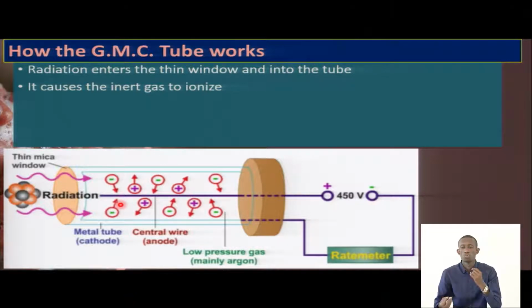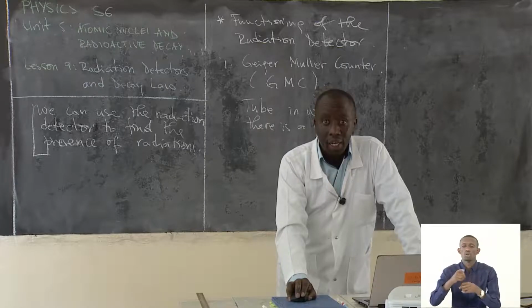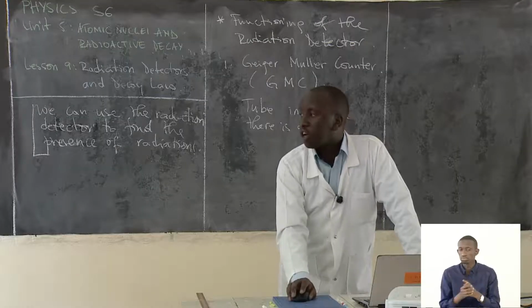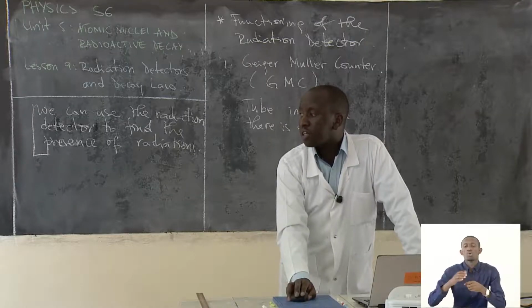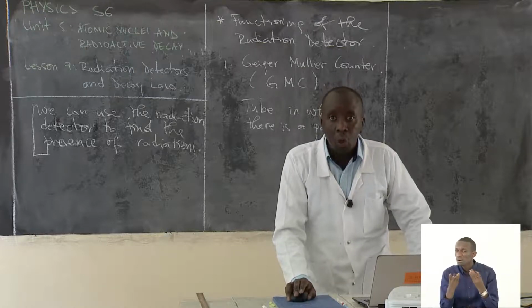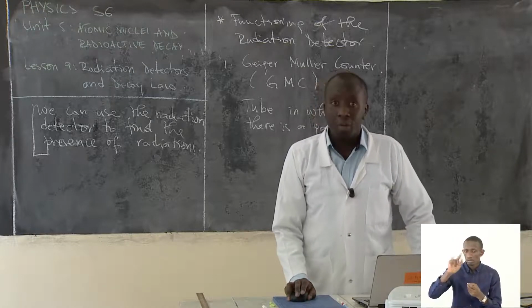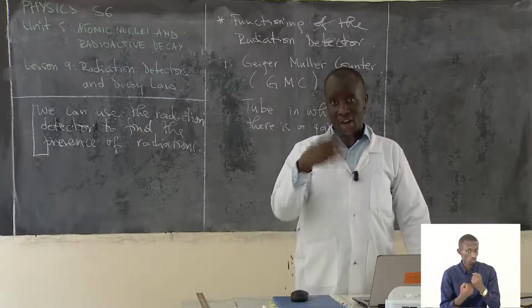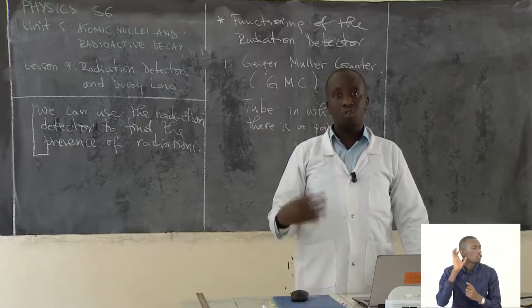And then this flow means the presence of current, and that current will make the circuit closed, and then you have a current flow that is going to make this meter indicate how much radiation you are being exposed to. And with the help of this speaker, you will hear the clicks given out from that speaker.